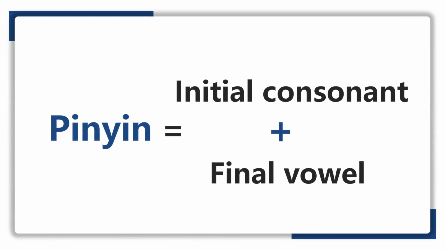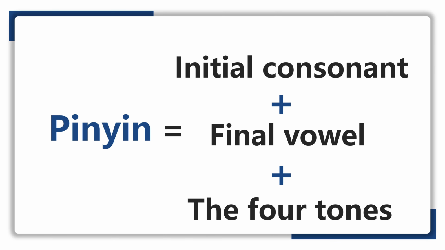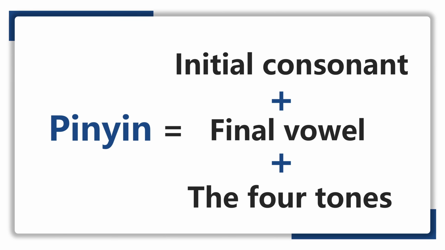Okay, so the above are all the initial consonants and final vowels. By now, I think you have a certain understanding of Chinese Pinyin and the four tones. Next, let's try to combine these three parts and read them. Let's pick a few initial consonants and final vowels to combine.